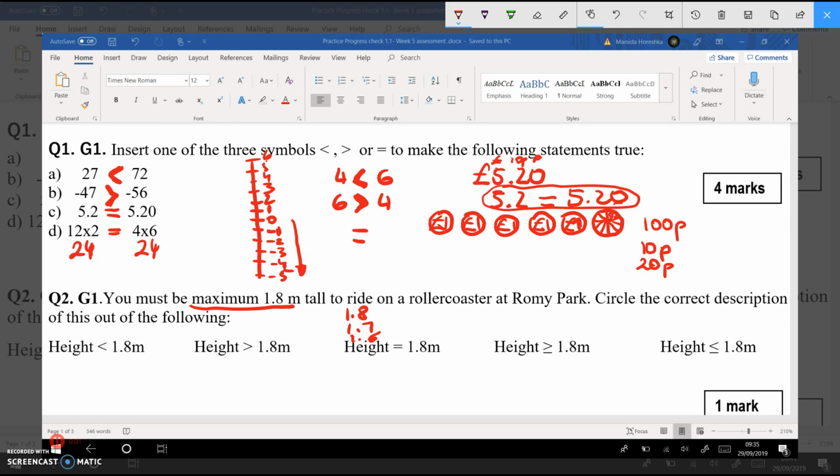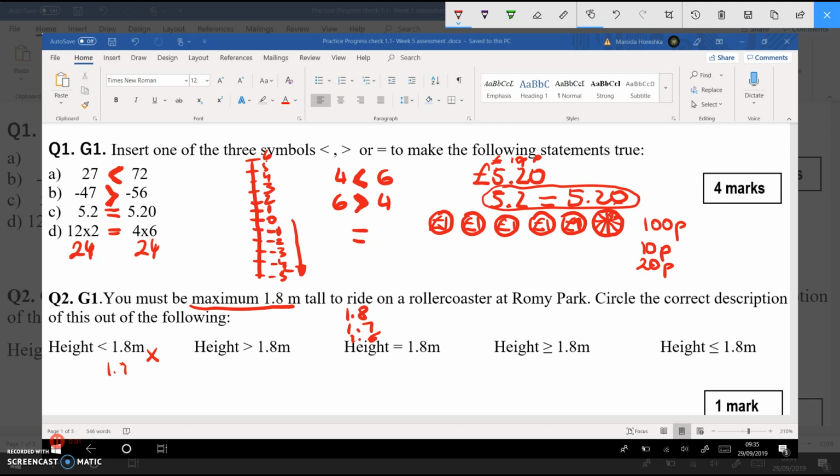If you look at the first option, we've got height being smaller than 1.8. So that means it can be 1.7, it can be 1.72, 1.6, it could be 1.5, so anything underneath, but it doesn't include 1.8. So this is not the correct option.